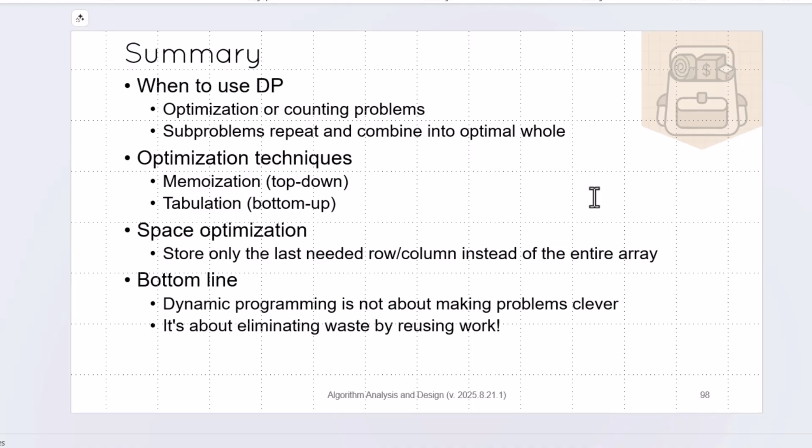You might notice that you can do a tabulation version, which will save you even more time and space in many cases. Space optimization: store only the last needed row, column, or values instead of an entire array or matrix. The bottom line is that dynamic programming is not about making problems clever. It's about eliminating waste by reusing work that we've already done.